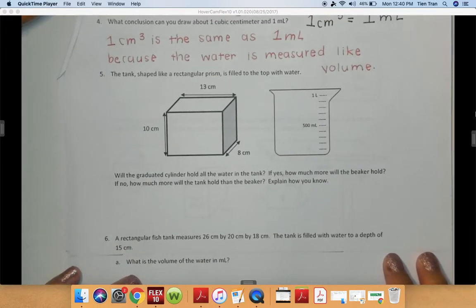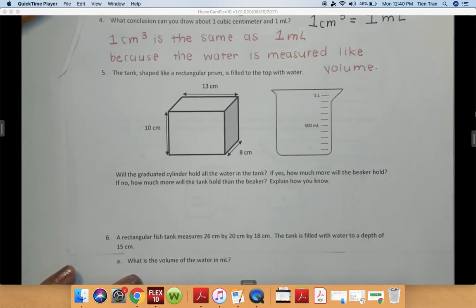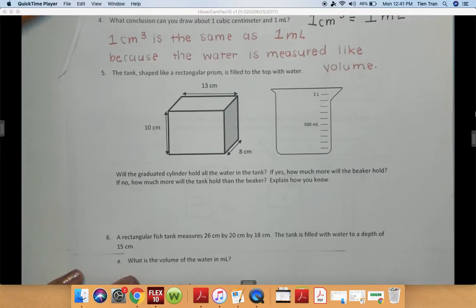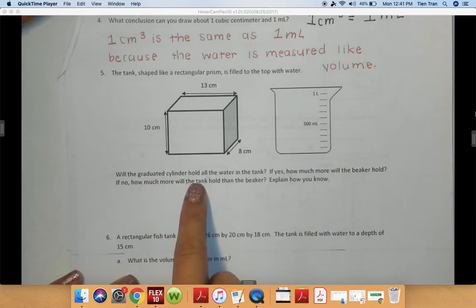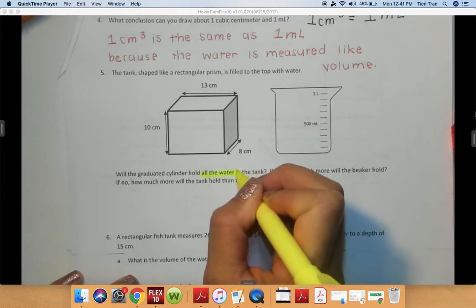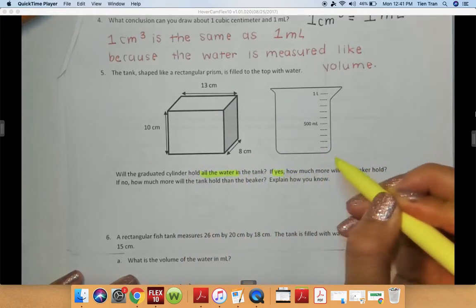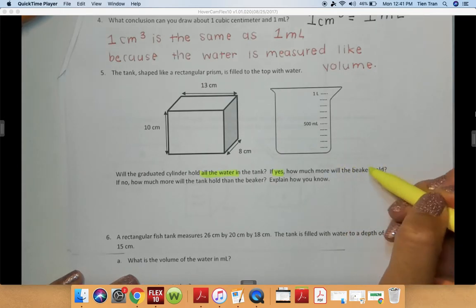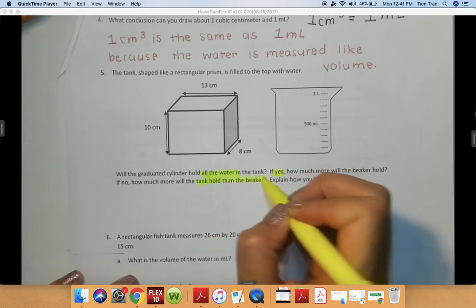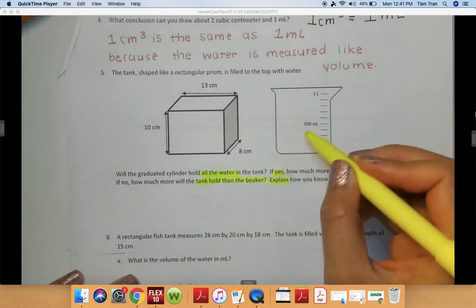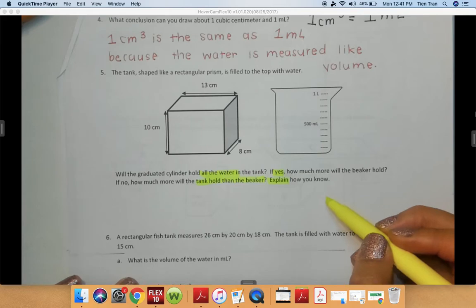Now, problem 5. The tank shaped like a rectangular prism is filled to the top with water. Will the graduated cylinder hold all the water in the tank? If yes, how much more will the beaker hold? If no, how much more will the tank hold than the beaker? So I'm comparing the two of them. Explain how you know.